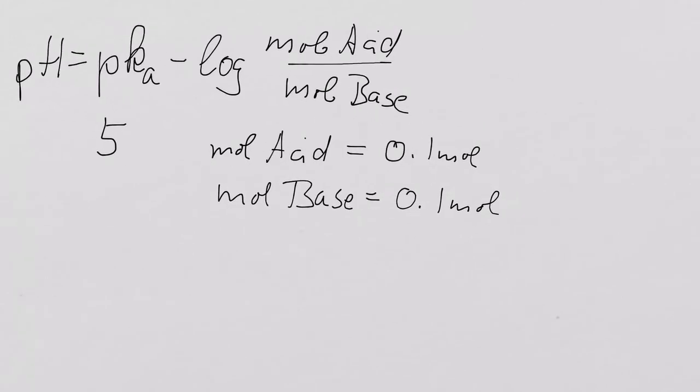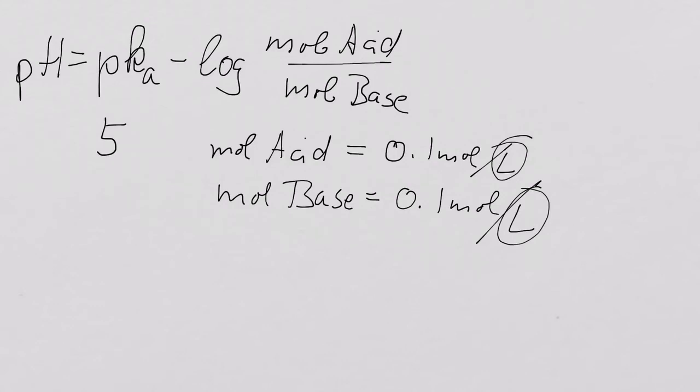Now, let's assume I have done that in 1 liter. So that's my concentration, yeah? I just write it something like that. So we've got 0.1 mole acid and base.